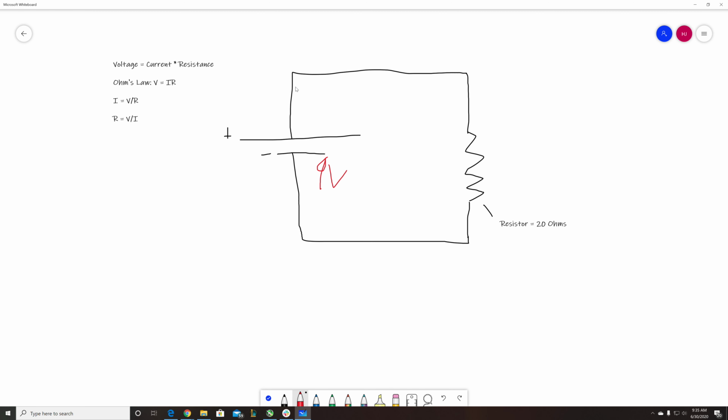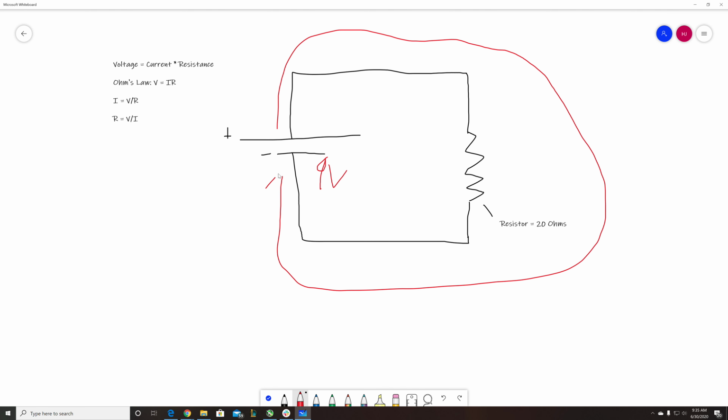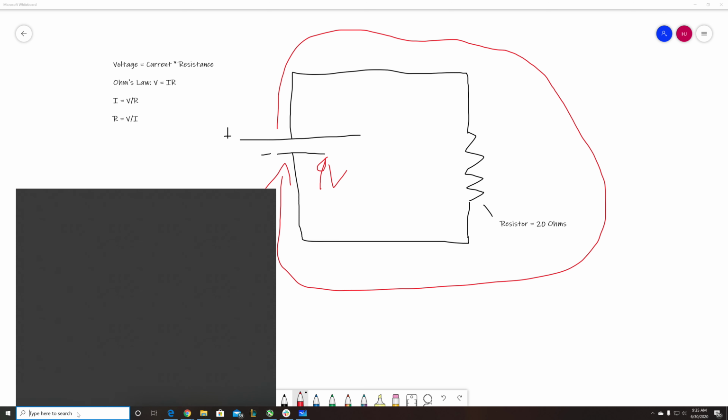If you see this voltage, you have to understand that positive always goes to negative. It may seem pointless to visualize this, but the current goes from here to here. This is very important to visualize later on, and it's something I recommend.